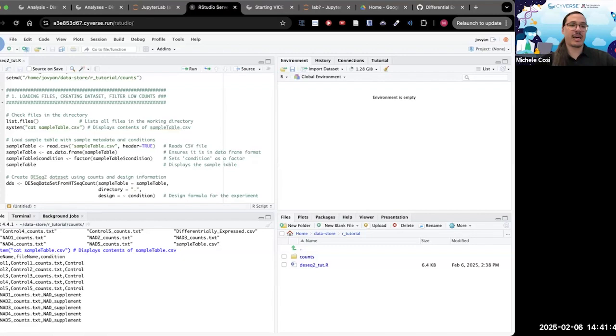But then we can go ahead and load the sample table with the sample metadata and the conditions. What we are doing right here is that we do have a CSV, and this CSV has the names of the various controls and treatments, and it will be used in the experimental setup.